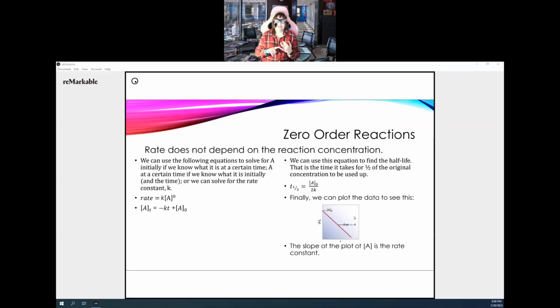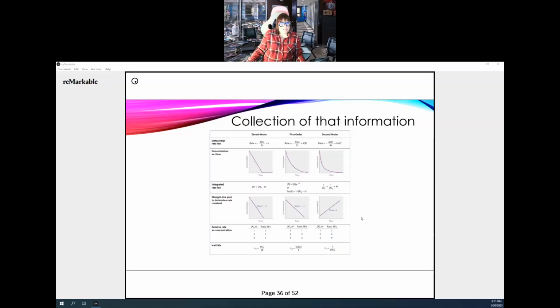Let me recap that. The natural log is for first order, that's the nature of that equation. The 1 over the concentration is for second order, and the concentration versus time is zero order. Isn't that fun? We can collect all of that information. This is just meant to be a useful thing for you to look at.